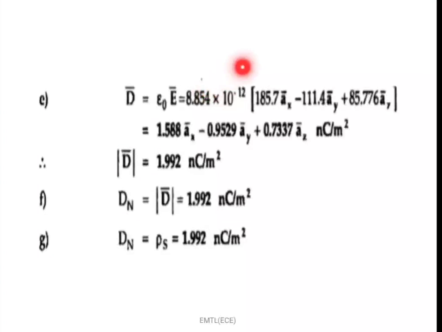Now multiply epsilon naught with the electric field intensity. The final value for D bar vector is 1.588 Ax bar minus 0.9529 Ay bar plus 0.7337 Az bar nano coulomb per meter square. So the magnitude of D bar is the square root of 1.588 whole square plus 0.9529 whole square plus 0.7337 whole square. That value is equal to 1.992 nano coulomb per meter square.